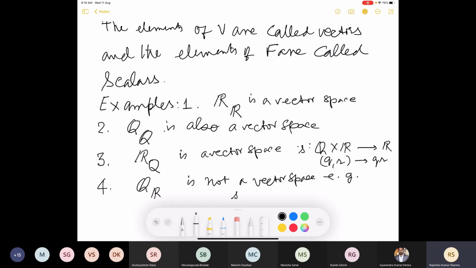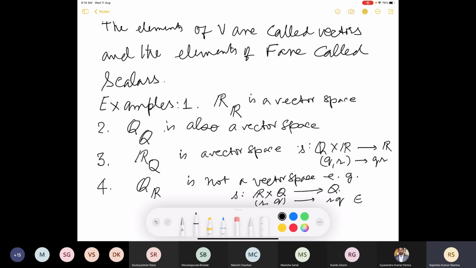While for the same property here, if you take the field to be R and V as Q, then this should be the map from R cross Q to Q. And in that case, we need to see if it happens that rq is a rational number.